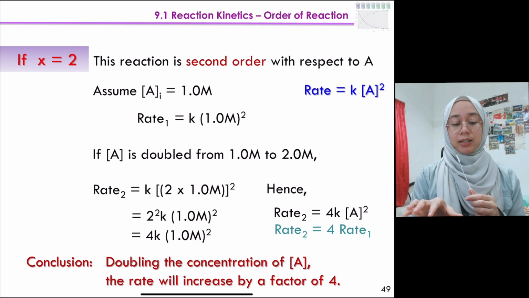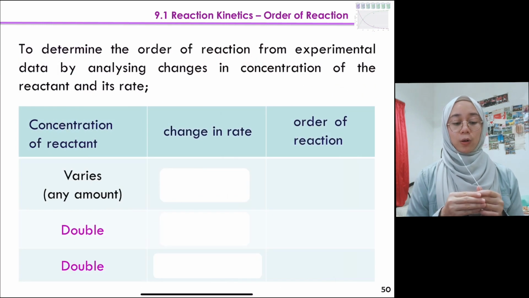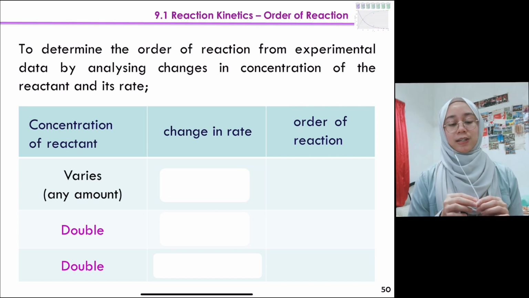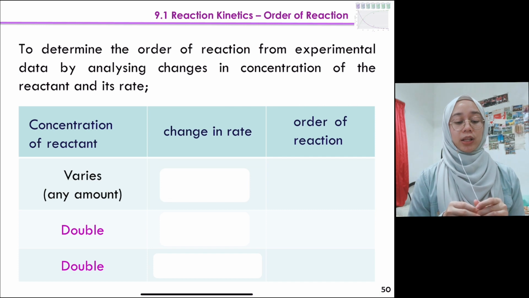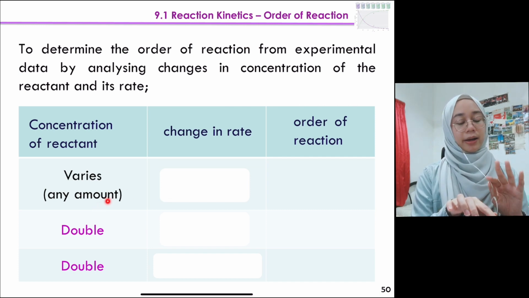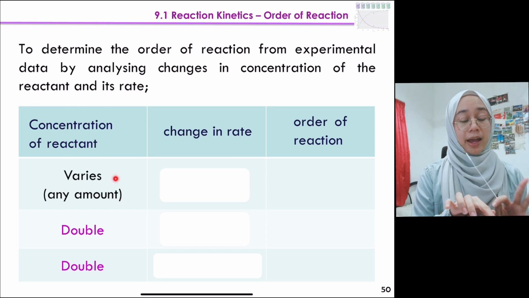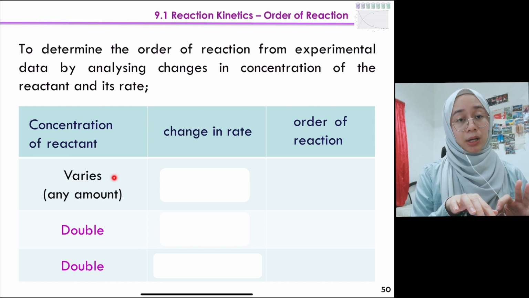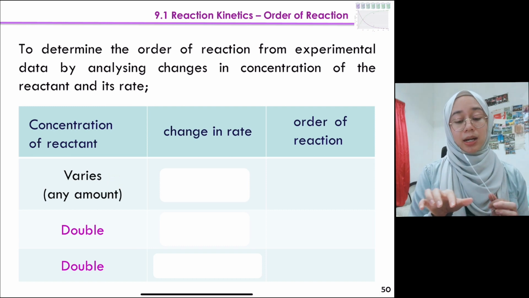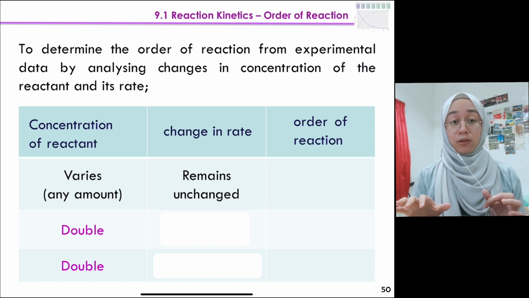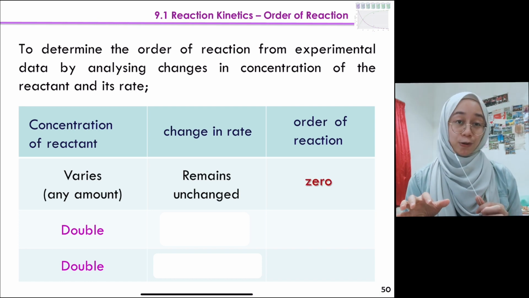Okay, jadi kita boleh conclude that to determine the order of reaction from experimental data, we analyse the changes in concentration of reactant and its rate. If the concentration of reactant is changed by any amount, whether you double, triple or half it, but the rate remains unchanged, therefore the order of reaction is zero order.